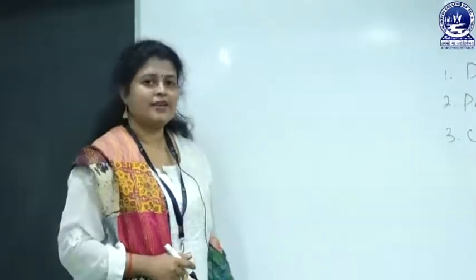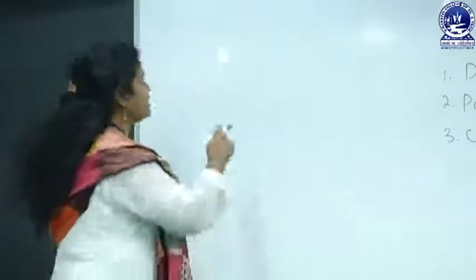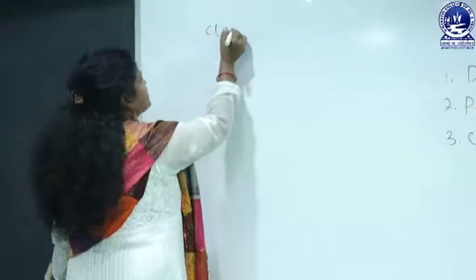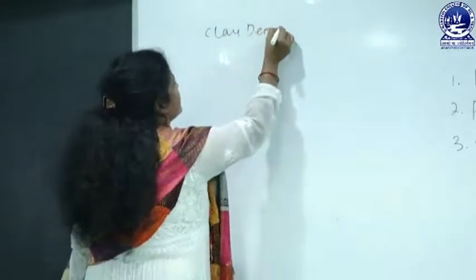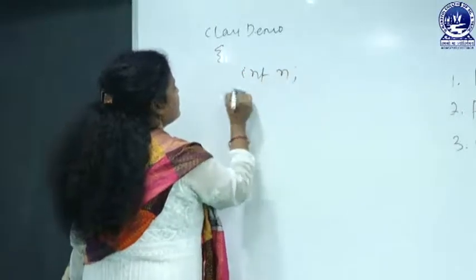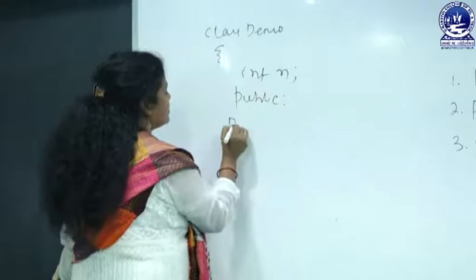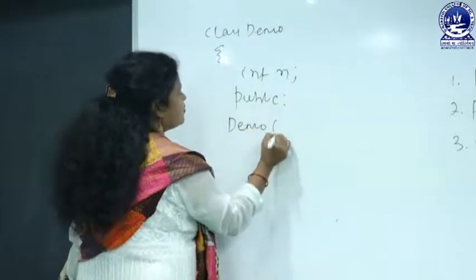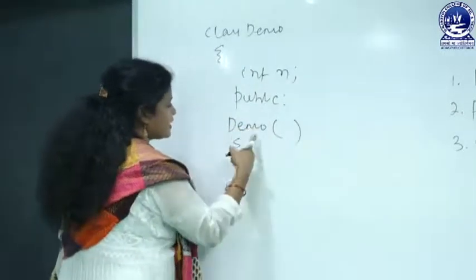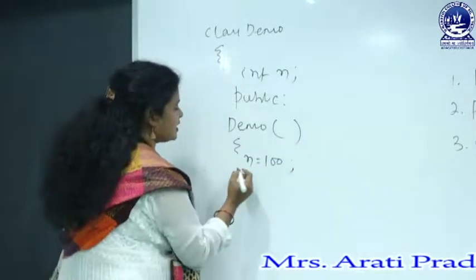Now I am taking one example in which I am using multiple constructors. Suppose the class name is class demo, you may use any other name, no problem, then int n. Then in the public part, I am using a default constructor demo, and inside it I have initialized n with 100.